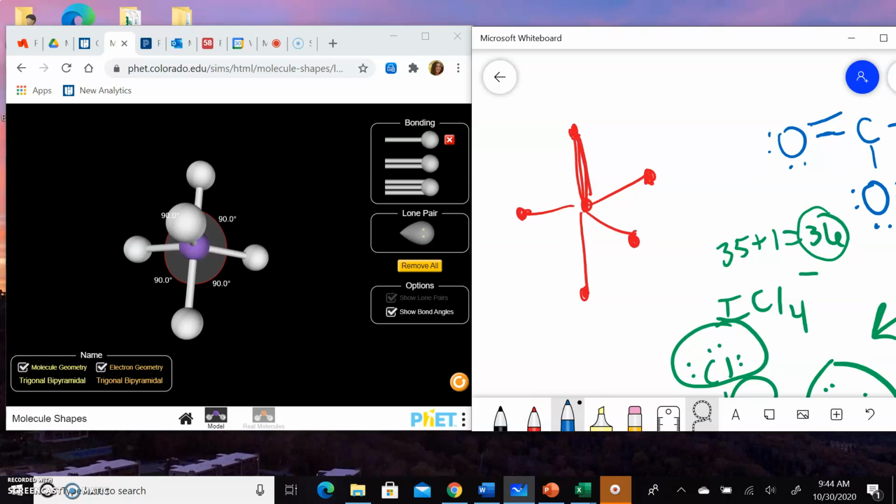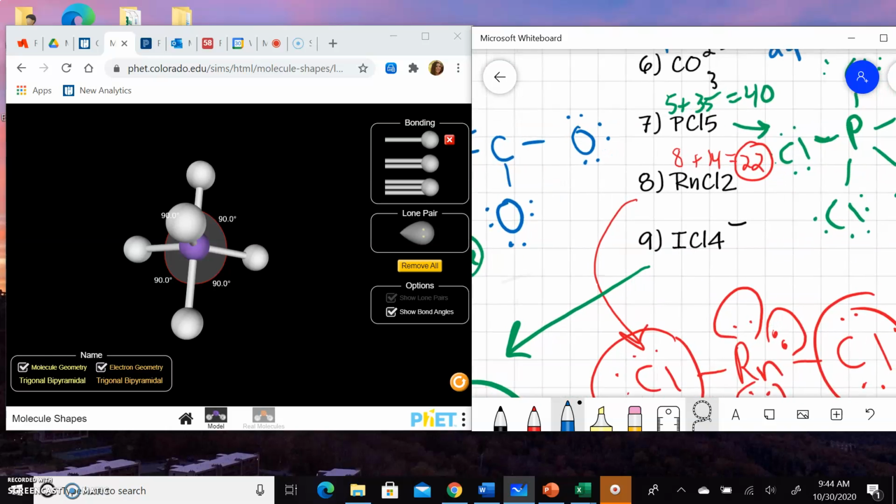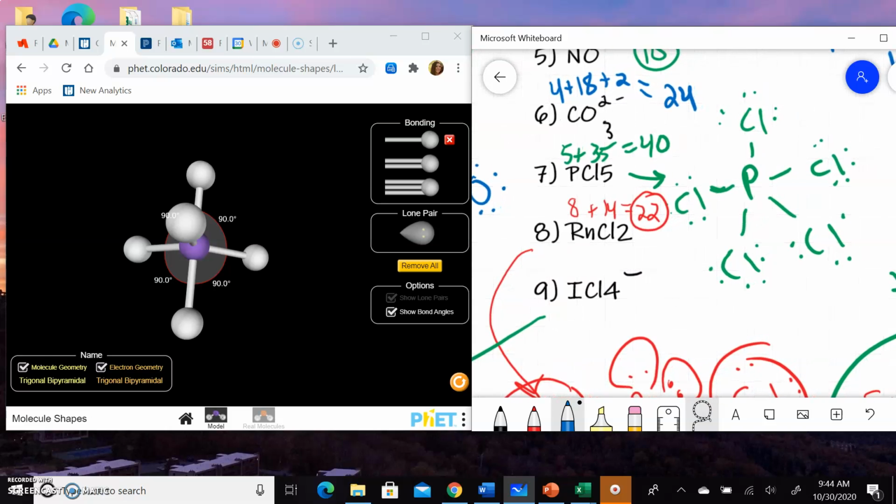If you connected those dots, it would make a pyramid shape. You can't see it from there, but it would be a pyramid shape. So it's called trigonal bipyramid, and that's our first of the new shapes. So the shape for PCl5 would be trigonal bipyramid.